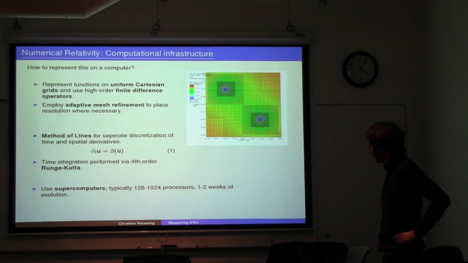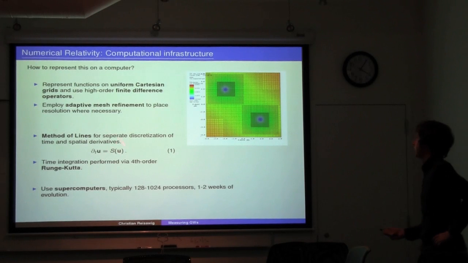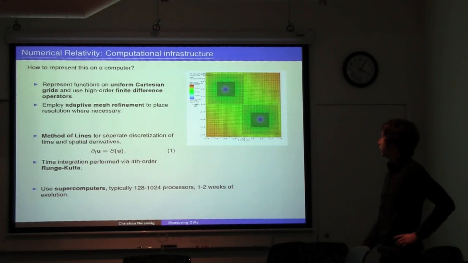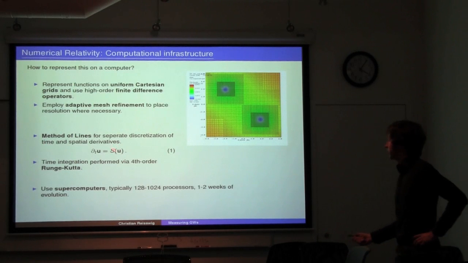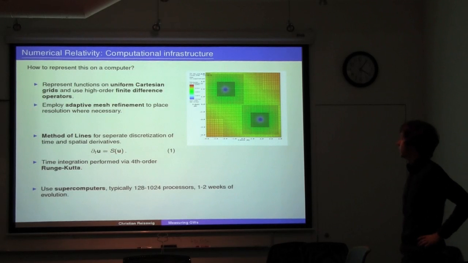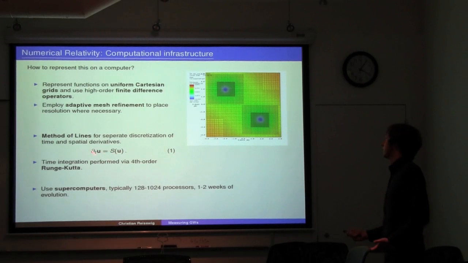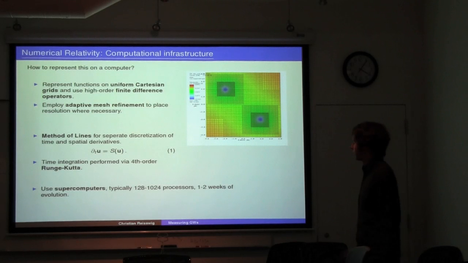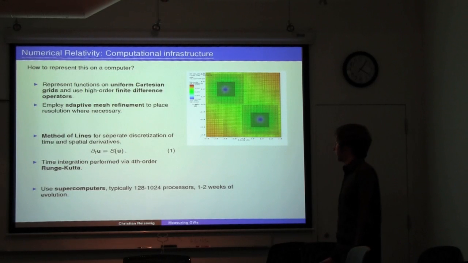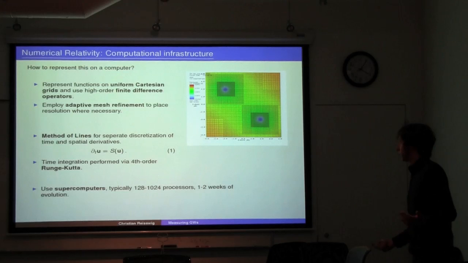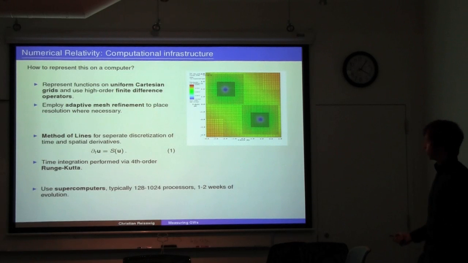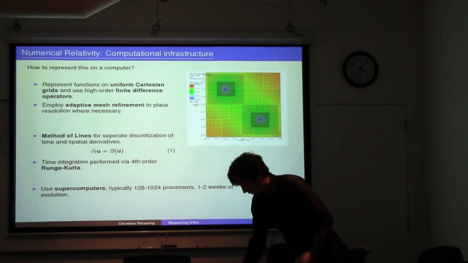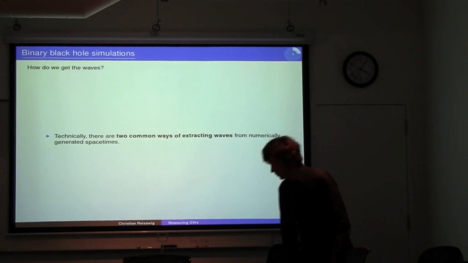We treat the discretization of space and time separately by making use of the method of lines, where we first discretize the spatial right-hand sides of the equations, and then perform the time integration using a fourth-order Runge-Kutta scheme. In our case, we use between 100 and 1,000 processors, and runtime is approximately one or two weeks, depending on the model and the resolution.